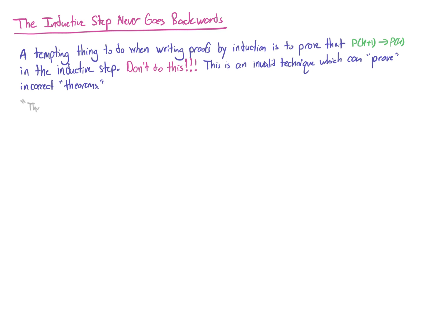So here's an example of the dangers that can happen when you do this. Here's a theorem. I'm going to put it in quotation marks to emphasize it is not true. For all n greater than 0, it's the case that 2 to the power of n is greater than or equal to 5 to the power of n.